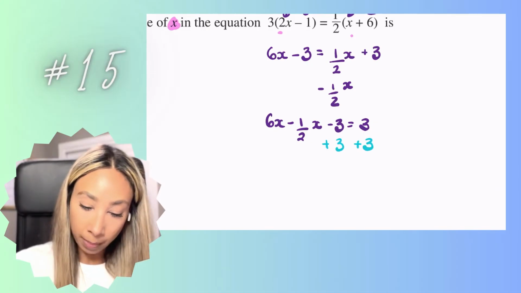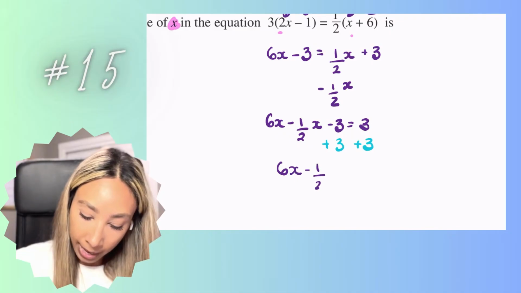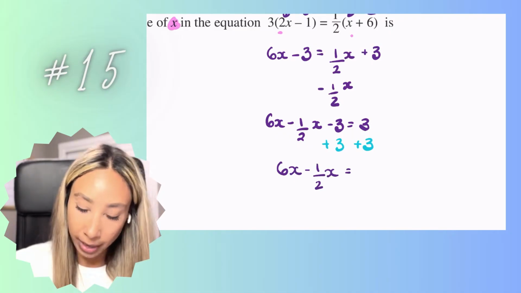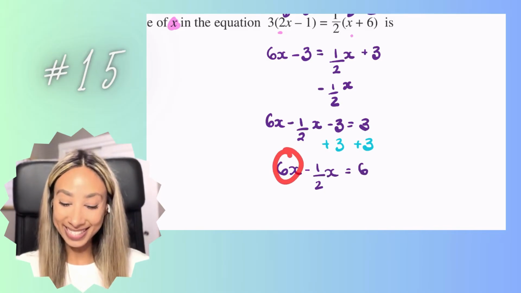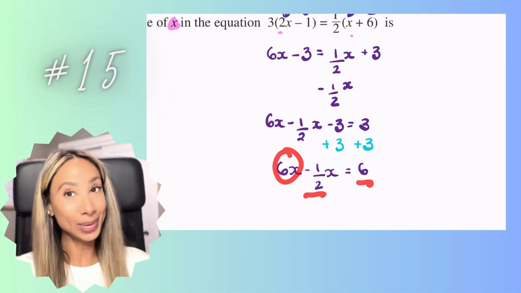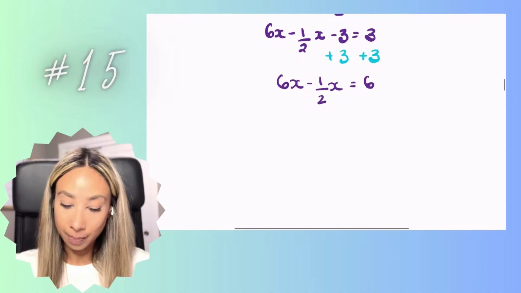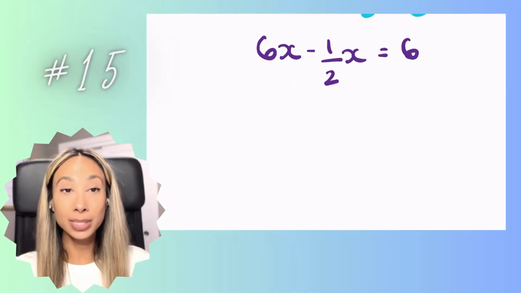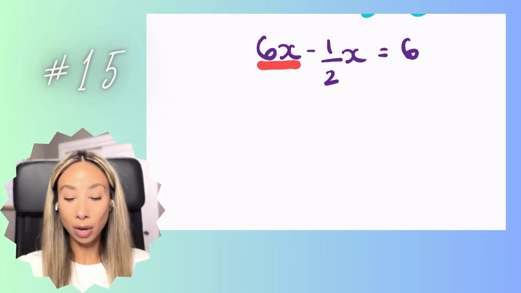And just as a friendly reminder, the reason I'm doing this is I want to get x's on one side and I want to get numbers on the other side. So that's going to leave me with 6x, take away a half x equals 6. So now I need to combine this. So we are technically subtracting fractions. With our 6x, it's going to need what's called a common denominator to subtract it from the bottom there.